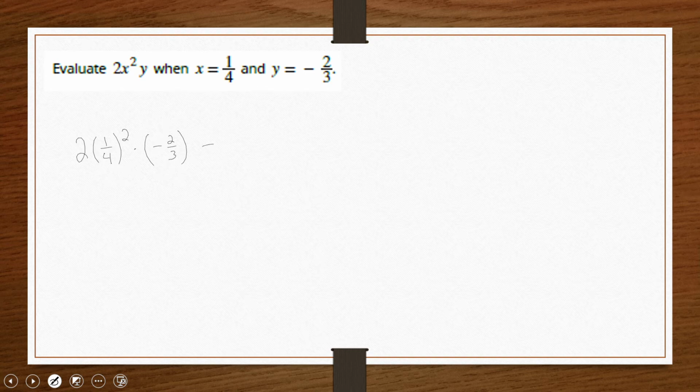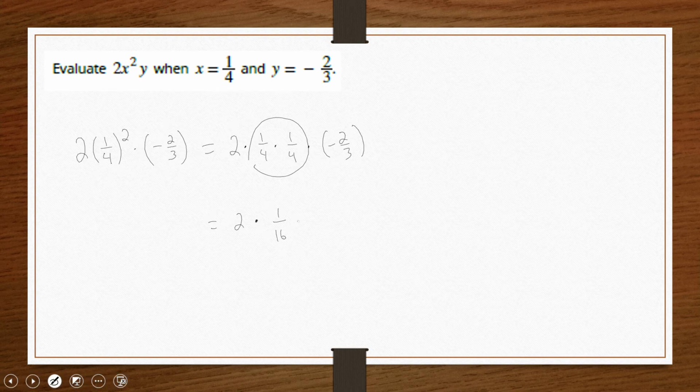So I'll focus on the exponentiation first. 1/4 squared would be 1/4 times itself twice, so that'd be 1/4 times 1/4. And we still have negative 2/3 here. So focusing again just on this portion, 1/4 times 1/4 would be 1/16.